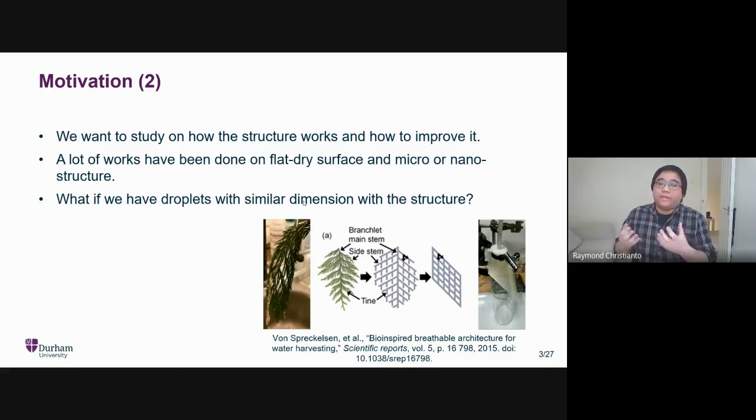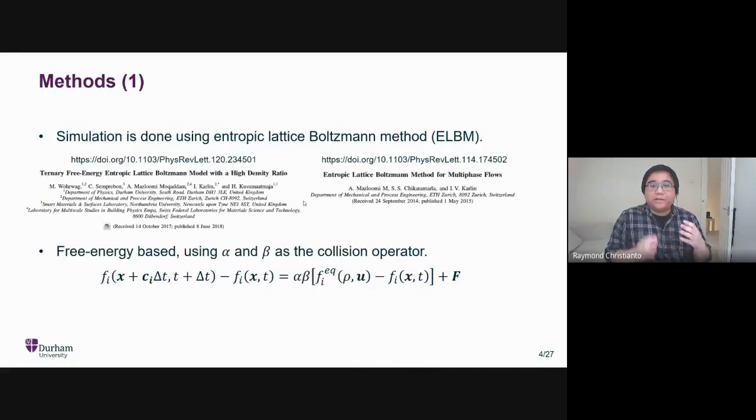We already know that a lot of work has been done on flat dry surfaces, on surfaces with microstructure, nanostructure, superhydrophilic, superhydrophobic surfaces. What we are more interested in is what if we have a droplet in millimeter size and a structure with similar dimensions? So we are using simulation. I'm using a scaled down model of Warwick et al.